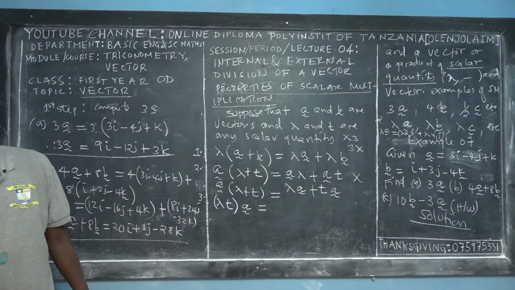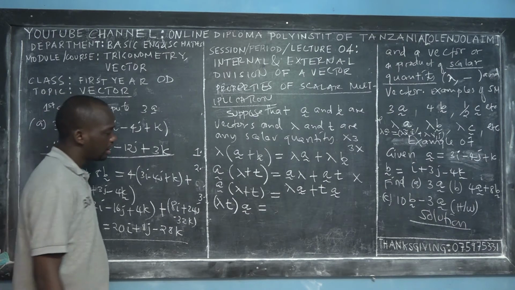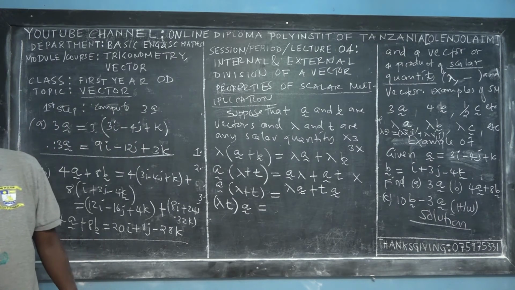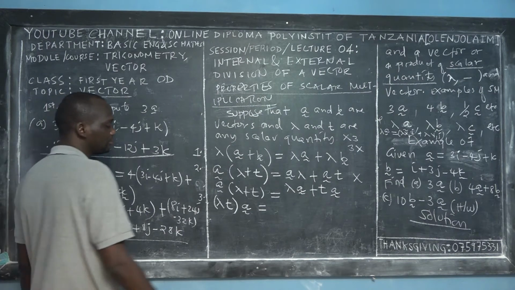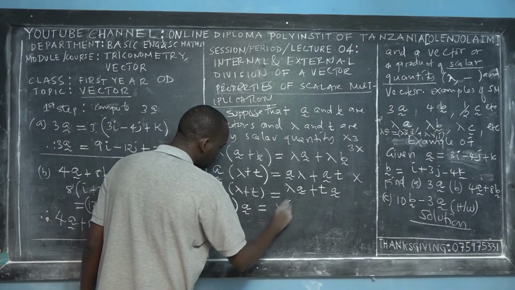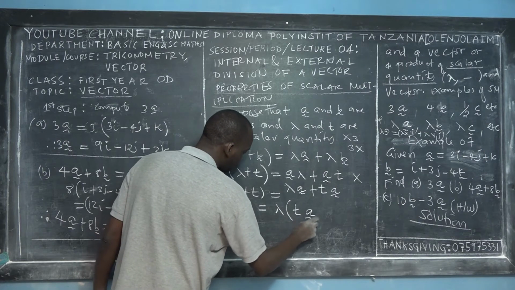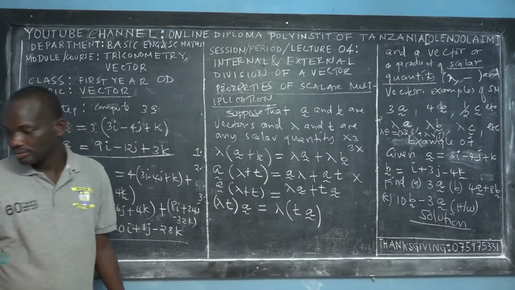The response will be the product. We can just take one of them out of the bracket. For example, you can take lambda out, and then it remains scalar T times vector A. This is the way that we write.